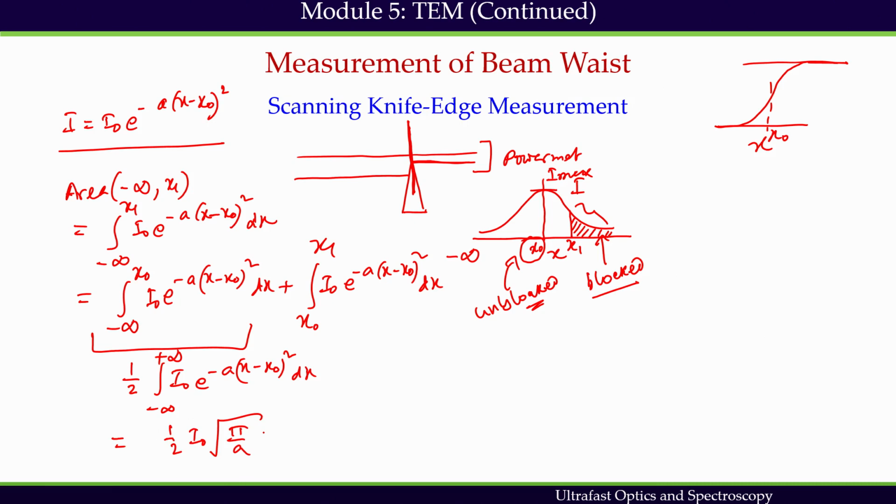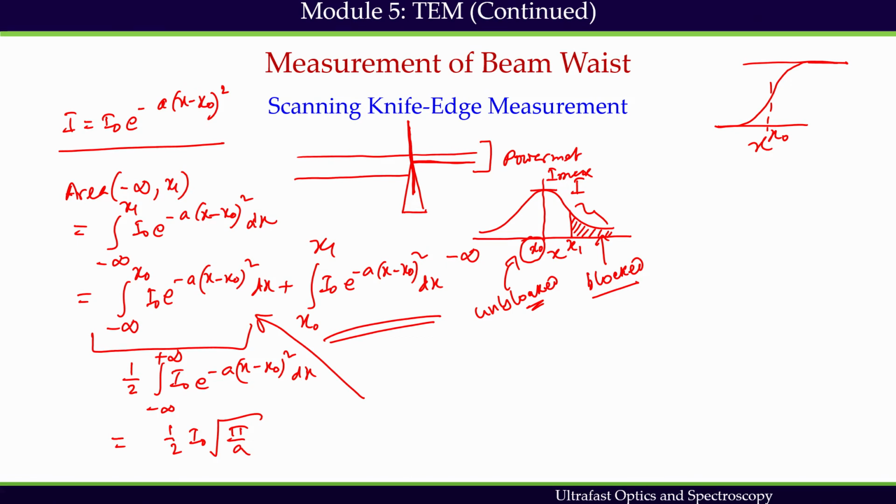So the first integral gives me half of the total area under the curve. But the next task would be to find out this area. So, the question is, how do we find out this area?